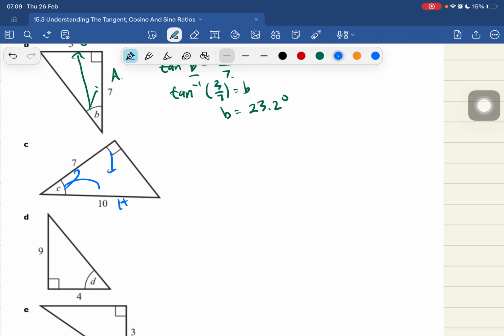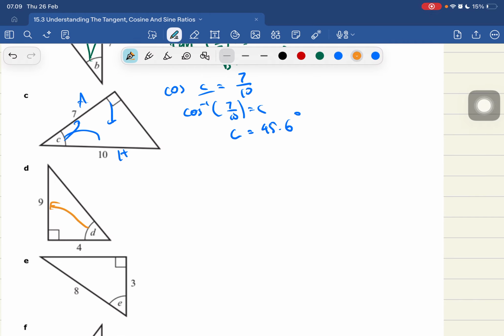The hypotenuse next to the angle is adjacent. So we got cos C equals 7/10. So to find the angle of C, cos inverse, write the value 7/10. So C is going to be 45.6 degrees.